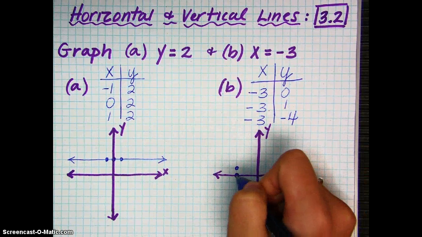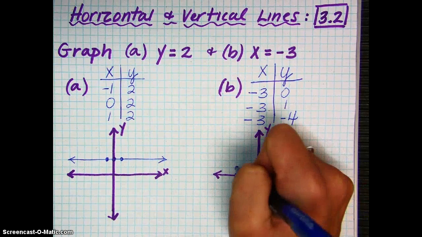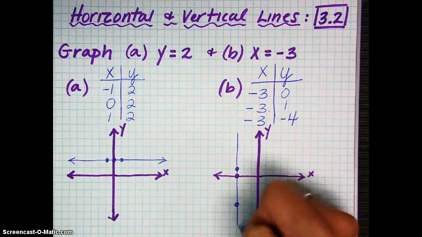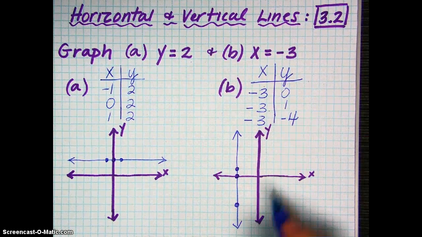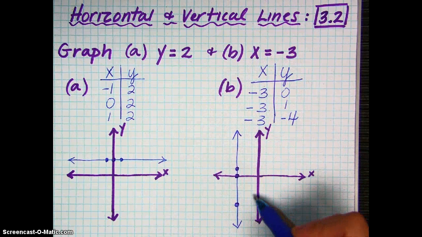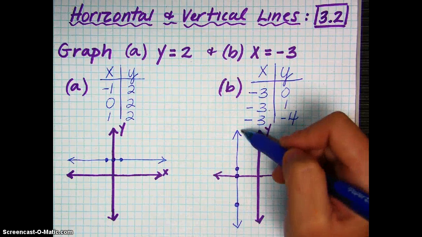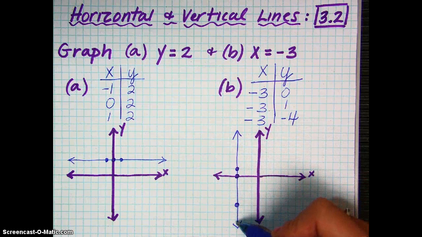The point negative 3, negative 4, all of these points are solutions to the equation, and actually any point along this line is a solution to the equation. So anytime you have an x equals some number equation, the result is going to be a vertical line. Because along this vertical line, x is always negative 3, no matter what point you stop at.